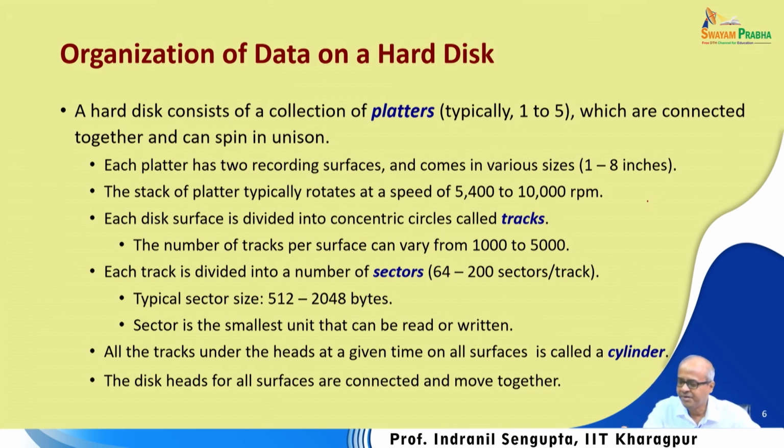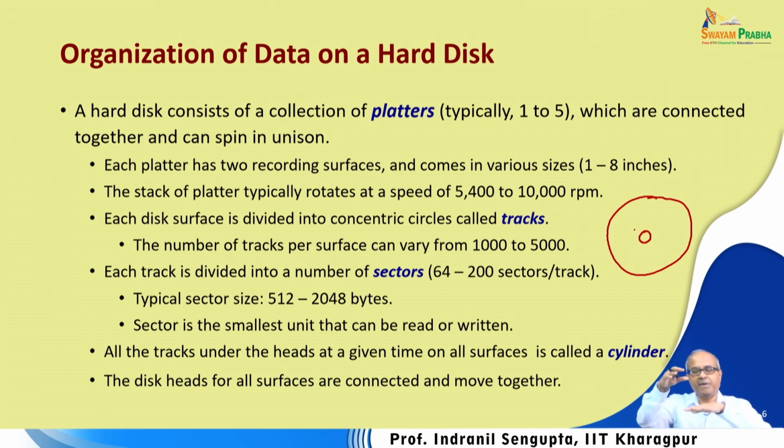So, if you look from the top, the view is circular with a hole in the middle. Okay. And as I said, there are a number of platters, each platter has two surfaces, top and bottom. You can do recording on both the surfaces. So, the first thing is that there can be multiple platters, each platter has two recording surfaces.